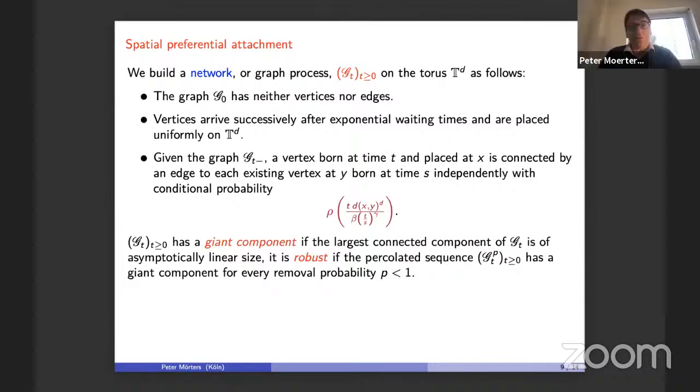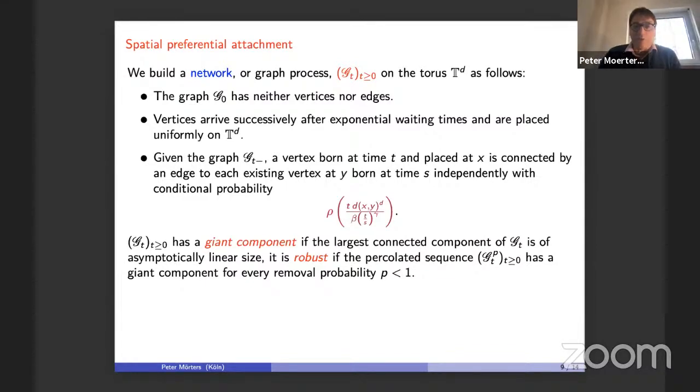Because this is a sequence of finite graphs, we're interested in the question whether there is a giant component, in other words, whether the largest connected component of these finite graphs has asymptotically a linear size. And the network is called robust if the percolated sequence, where we destroy every edge independently with probability p, has a giant component for every removal probability which is not 1.